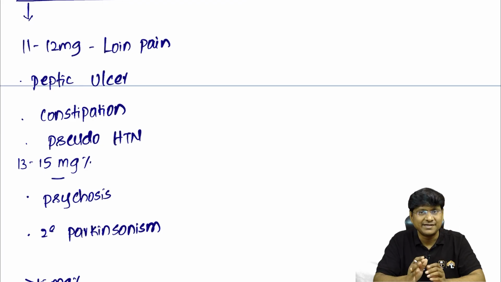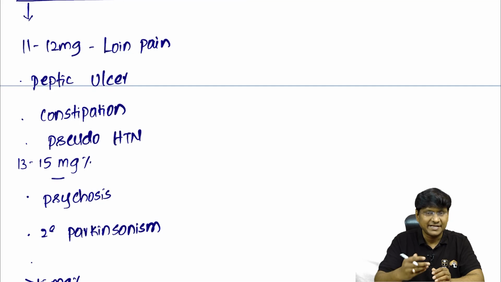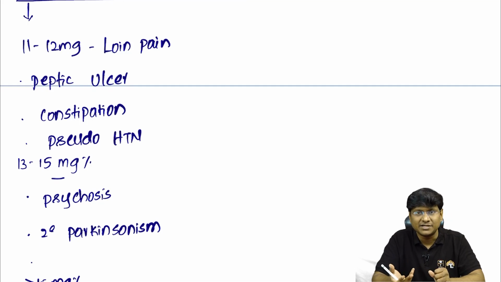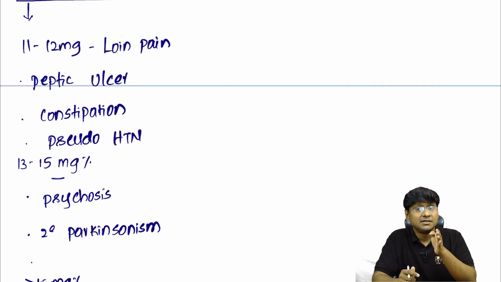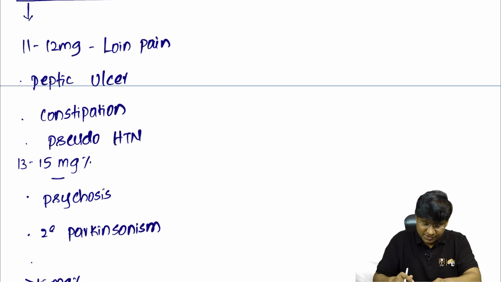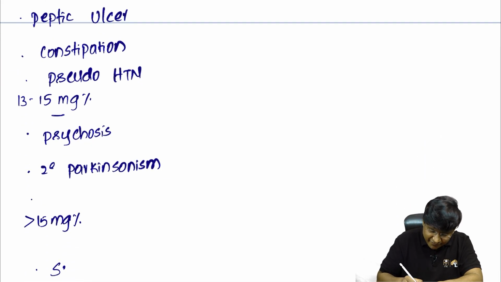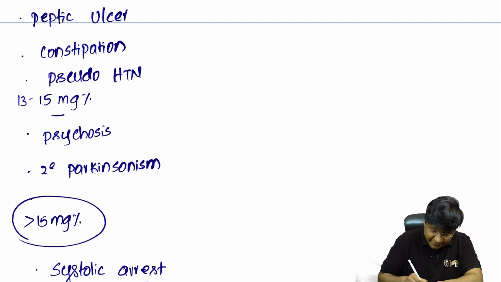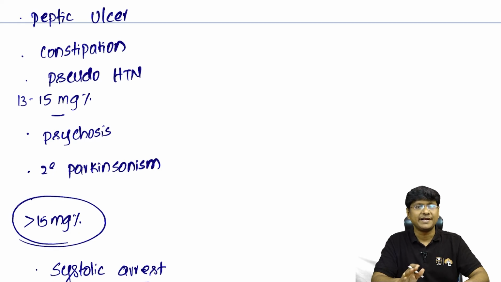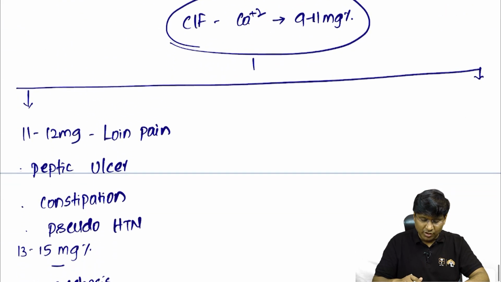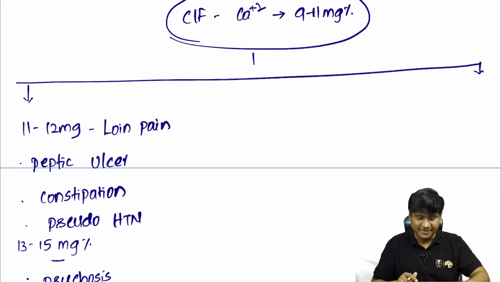Not only that, when the calcium levels are elevated to more than 15, the hypercalcemia will cause systolic arrest and finally death of the individual. So that is the clinical features due to hypercalcemia.